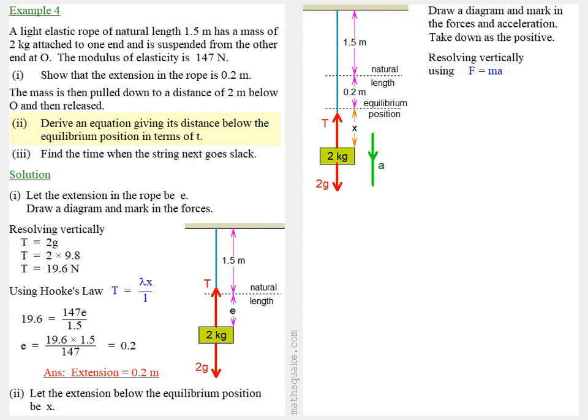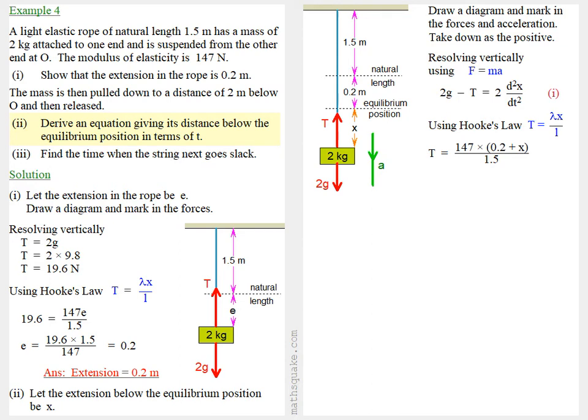So resolving vertically using F equals ma, we have 2g minus T equals 2 times the acceleration a, or 2 times d2x over dt squared. Using Hooke's law, we've got T equals lambda x over L. And again, we have the elasticity is 147, the natural length is 1.5, but the extension is 0.2 plus x.